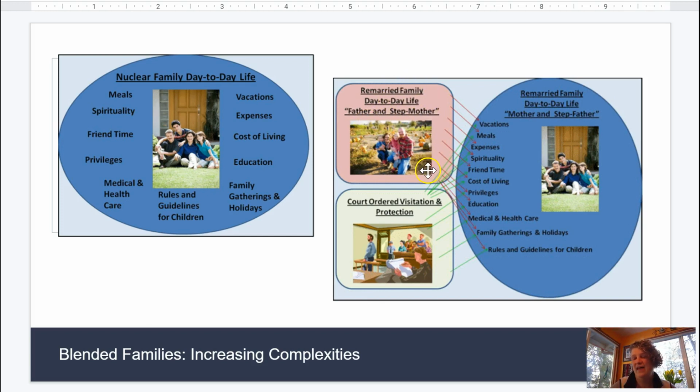And on top of that, there might be court involvement. Maybe, maybe not. That will depend. Not all families will have that. So you can see right away, look at all the things that the child is now negotiating compared to this nuclear family, which would be more similar to a single parent family.